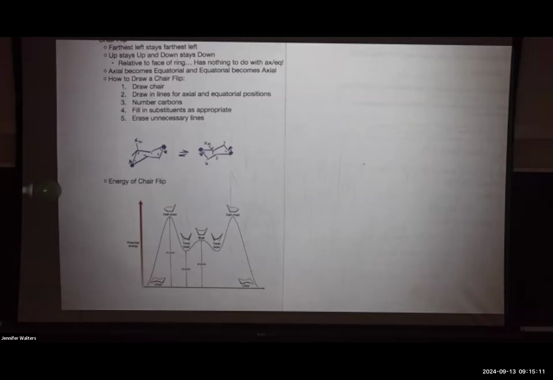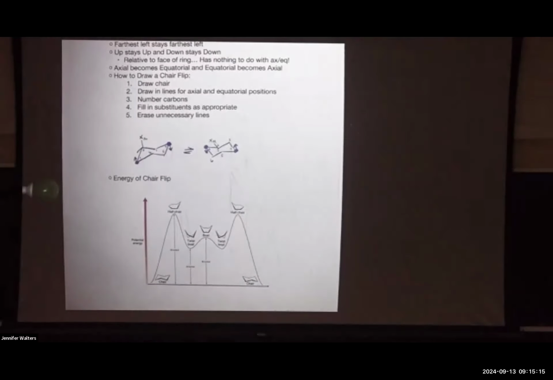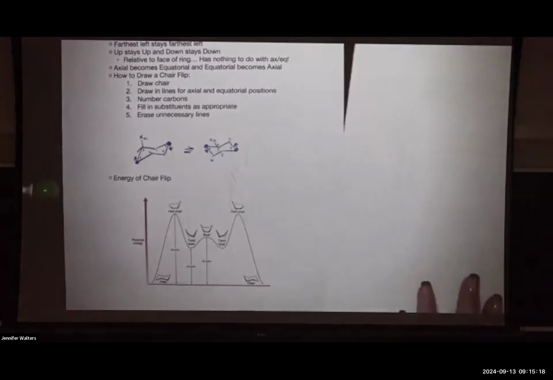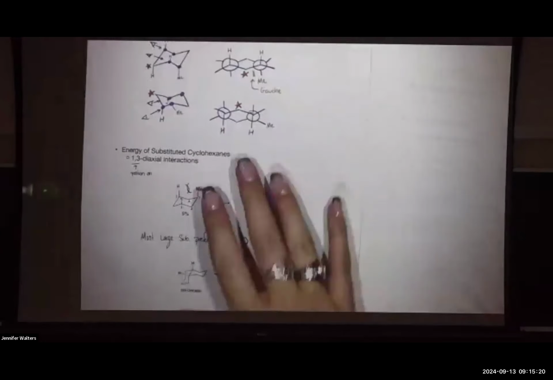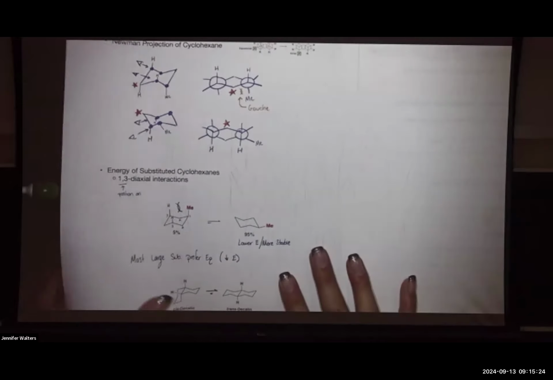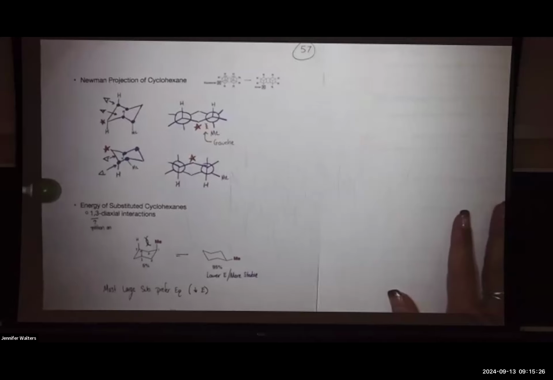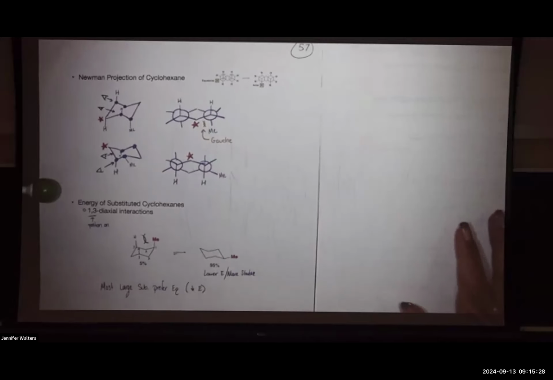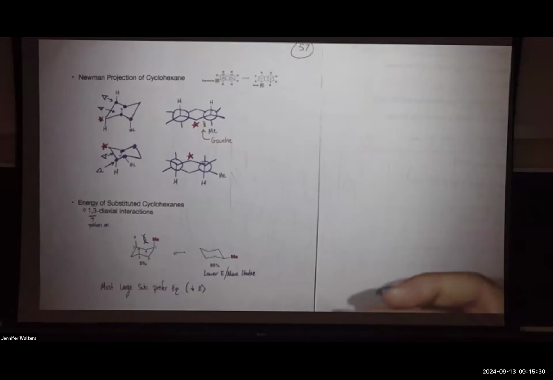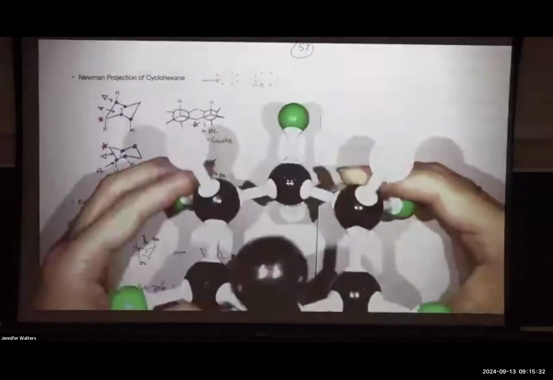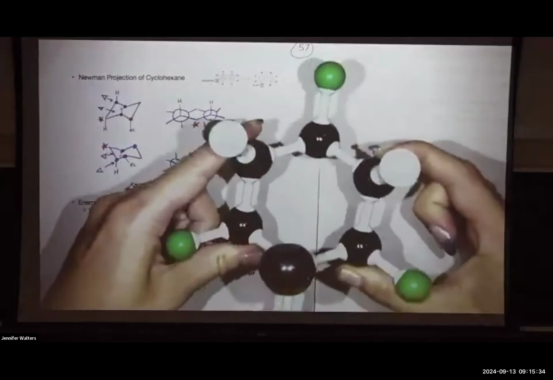All right. Actually, one other thing before we move off of this. When you're looking at a Newman projection of the chair, what we're doing is taking a certain perspective. We're going to be looking down two parallel bonds.